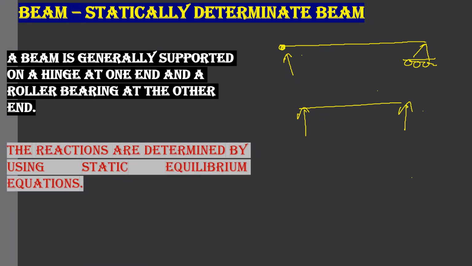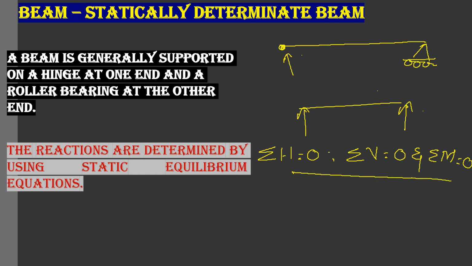For such a beam, the reactions are determined by using the static equilibrium equations. We know the static equilibrium equations are sigma H equal to 0, sigma V equal to 0, and sigma M equal to 0. By using these three equations, we will be able to determine the reactions.